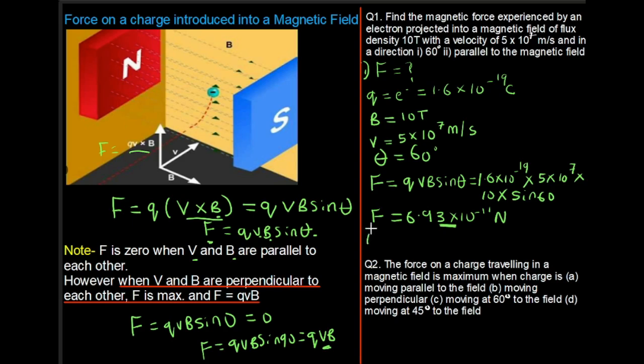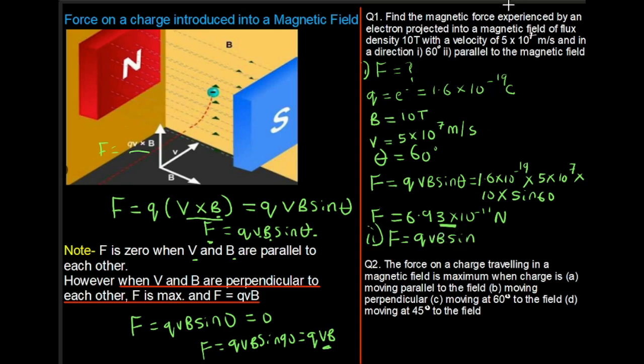Now for the second part of the question, it says in a direction parallel to the magnetic field. That is, the velocity is parallel to the magnetic field, and we need to calculate the force. Again, the same parameters, so we make reference to our formula F equals QVB sine theta.